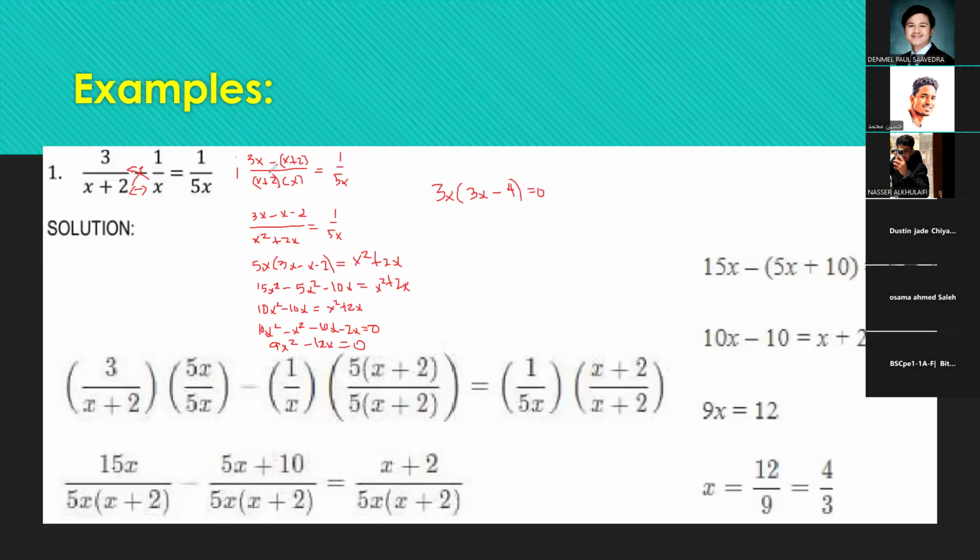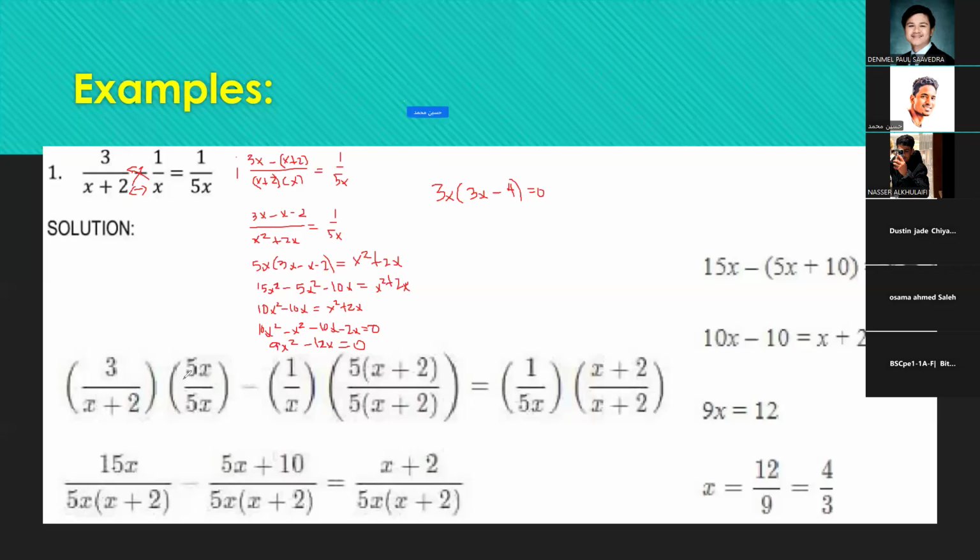I cross multiply. So 1 over 5x. Okay, so let me just check the solution that is in here.